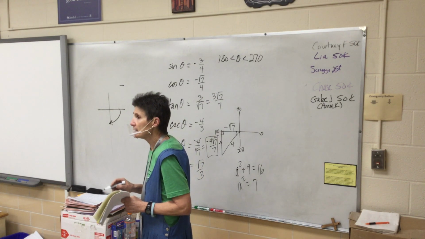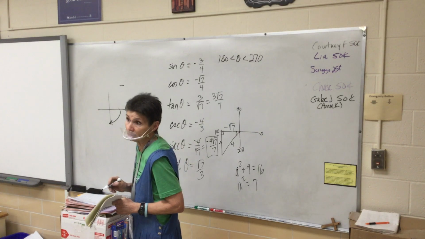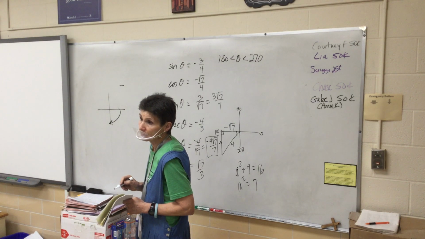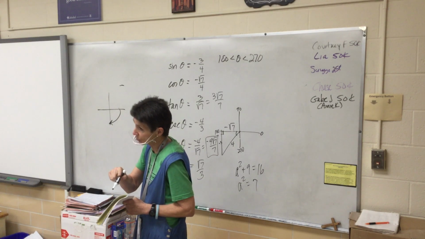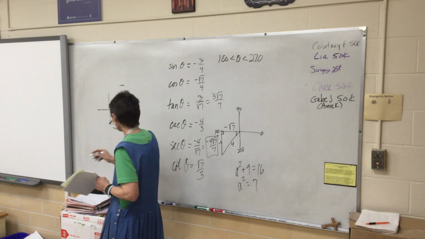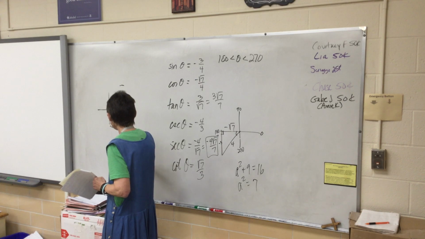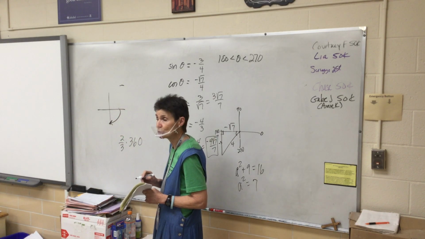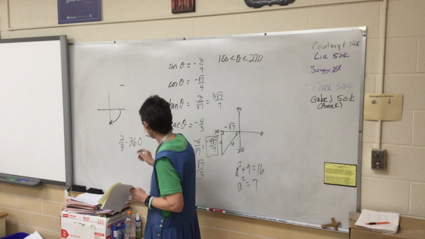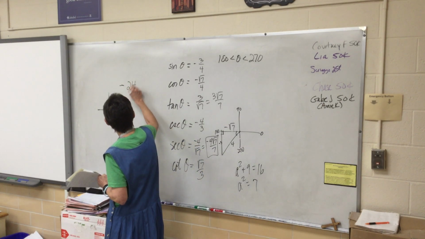Well, in degrees, all the way around is what? 360. Well, in radians it's 2 pi, in degrees it's 360. So if I'm doing it in degrees, I'll just take 2/3 of 360. Isn't that what 2/3 of a revolution is going to be? So that'll be negative 240.